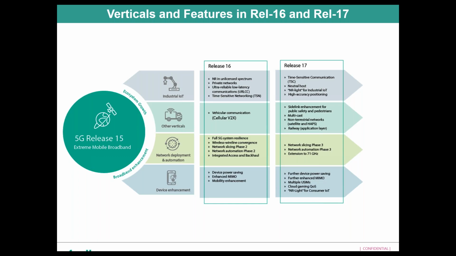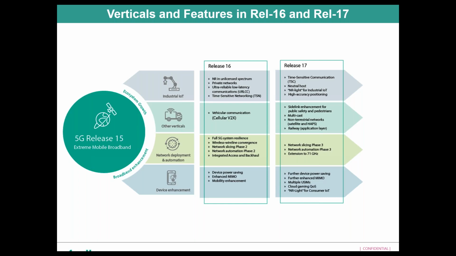You will look at things like NR Lite, which I'll talk about, sidelink enhancement, and then again network slicing phase 3, and other items like enhanced MIMO, and using less complex NR Lite devices just for consumer IoT. The key thing to note is that in release 15, we started with only one use case, which is enhanced mobile broadband, but that use case has transcended into 4 different areas, and those 4 verticals are going to continue in release 16 as well as release 17.